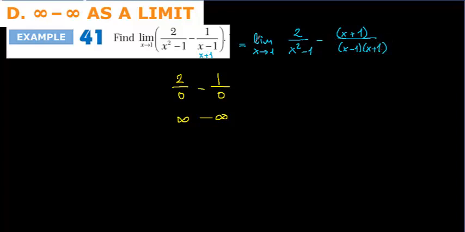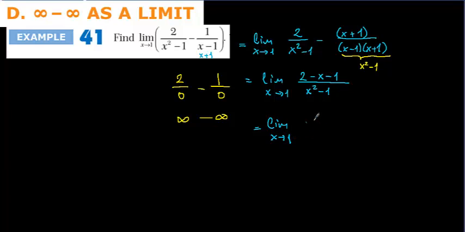When we make the denominators the same, we can simplify the expression: 2 minus x minus 1 over x squared minus 1, because the multiplication result of this expression is x squared minus 1. You know this one very well. Then 2 minus x minus 1 is equal to 1 minus x, so limit x tends to 1 of 1 minus x over x squared minus 1.